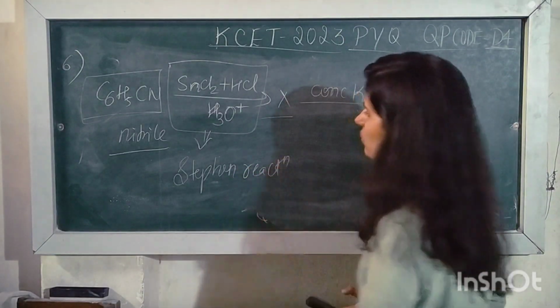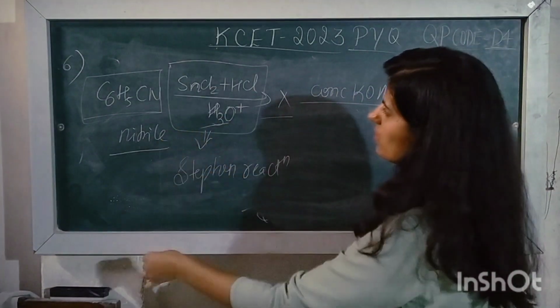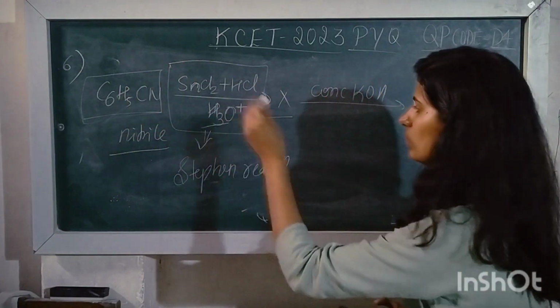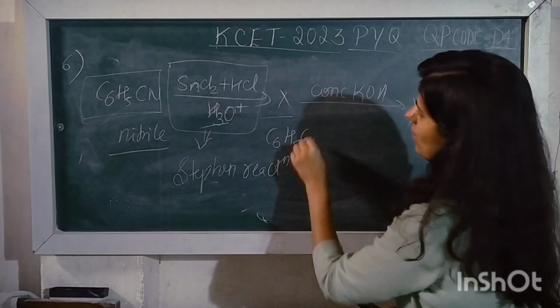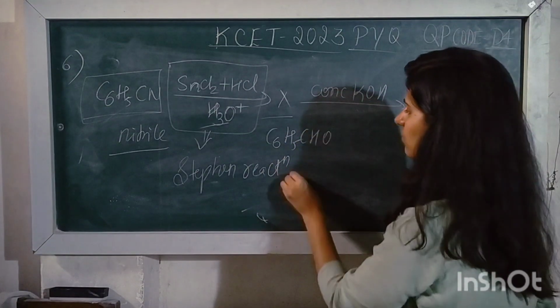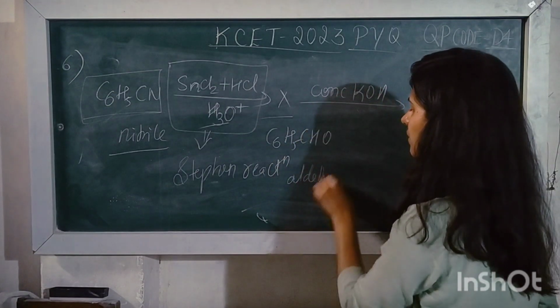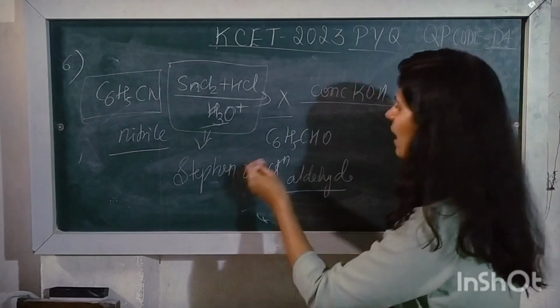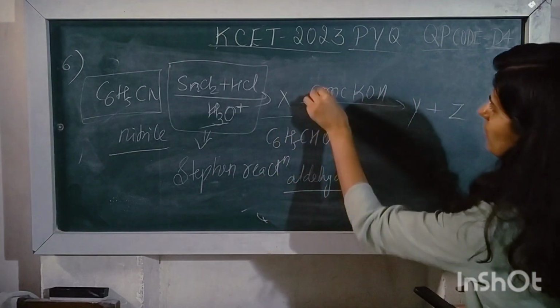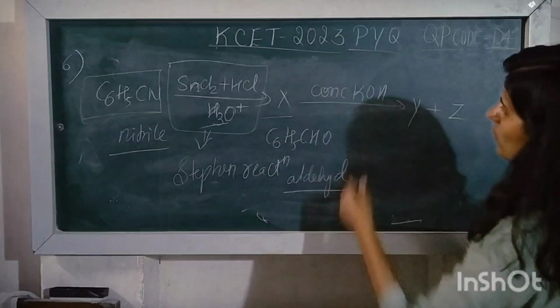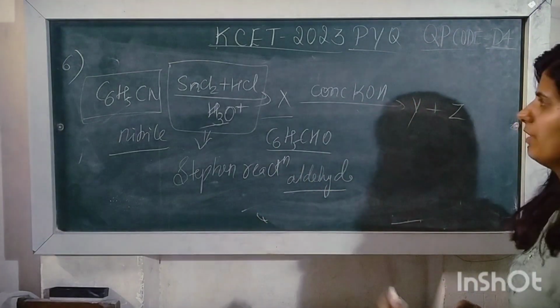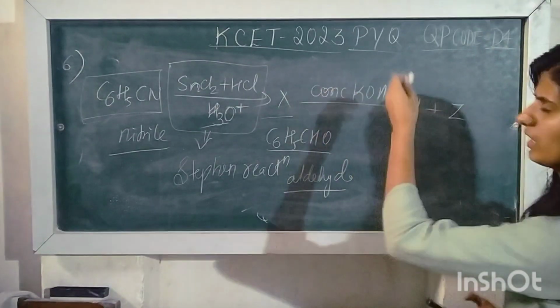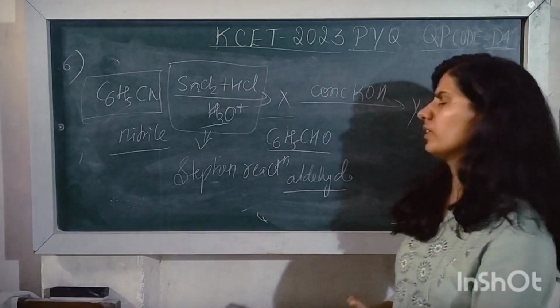In the presence of H3O plus, it is going to convert into C6H5CHO, an aldehyde. When the aldehyde is reacted with concentrated KOH, where do we generally use concentrated KOH?